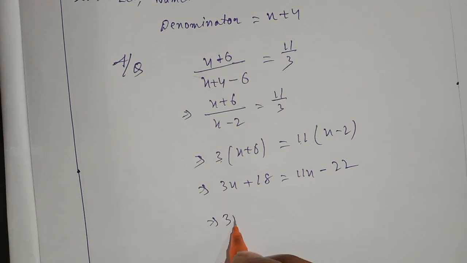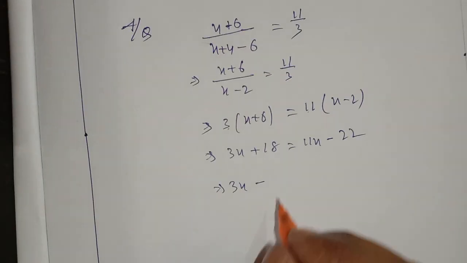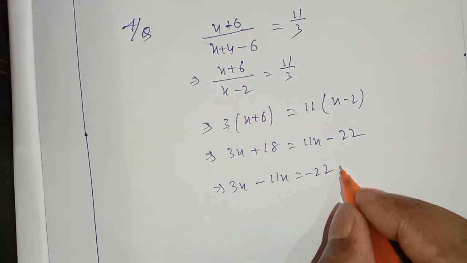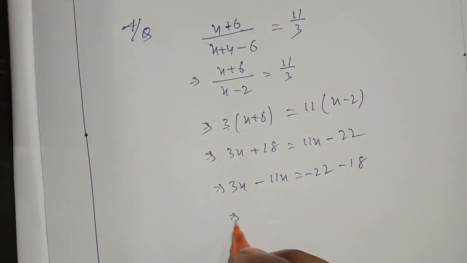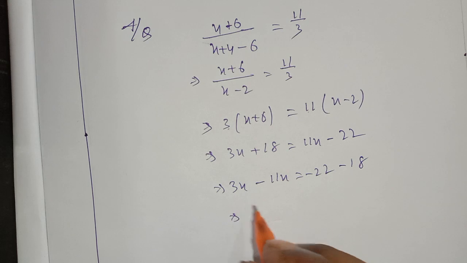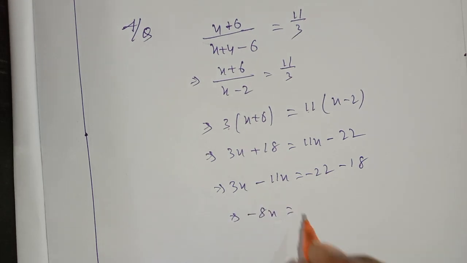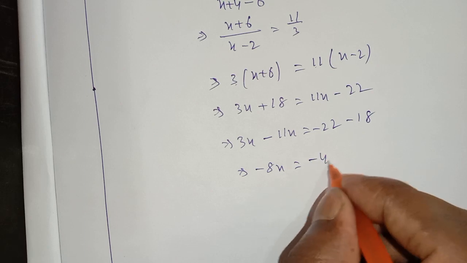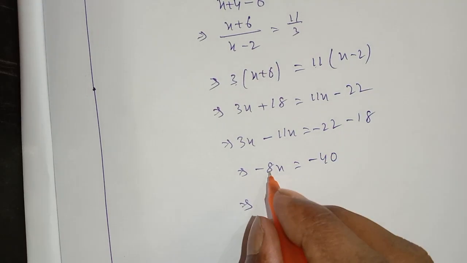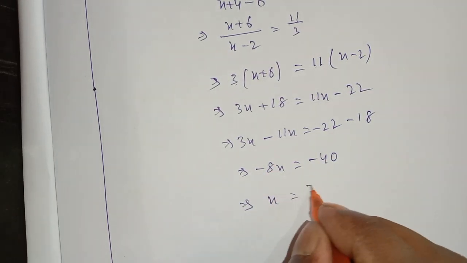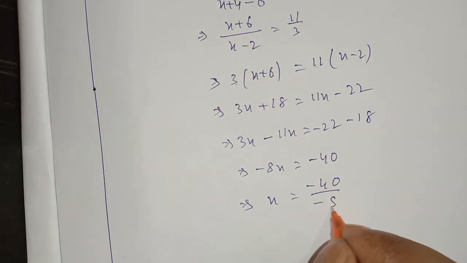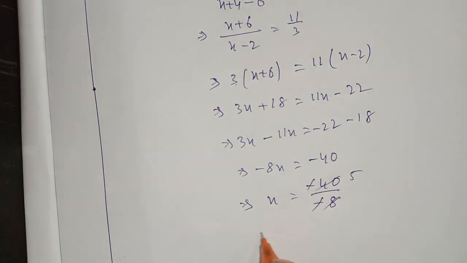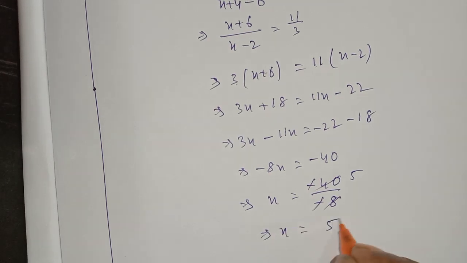Now 3x it will be plus, then minus 11x, minus 22 it will be plus, then minus 18. From 11 to 3 means minus 8x, equals minus 22 minus 18, means minus 40. Then minus 8 will go to this side, divide and cancel minus minus. 8 how many times? 5 times, means x equals 5.